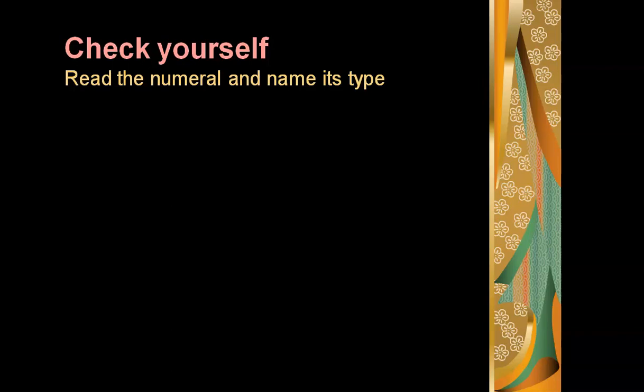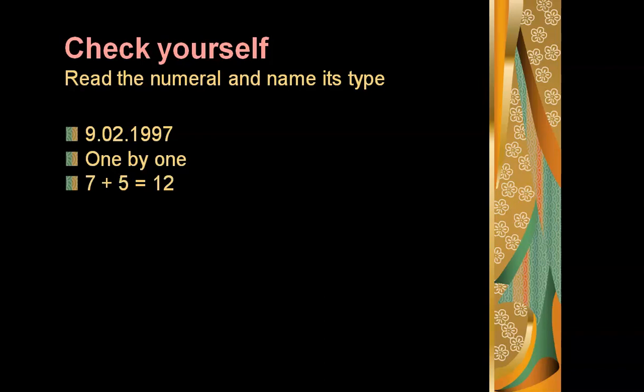Then, check yourself. Read the numerals and name their type. 9th of February, 1997. Then 1 by 1, 7 plus 5 equals 12. Then twice, 7 minus 25, 10 minus 18.